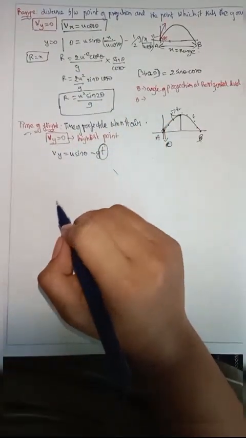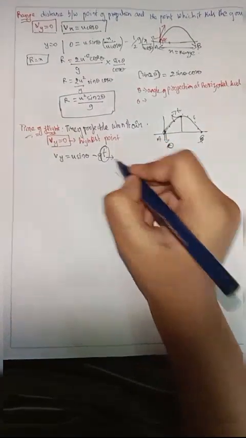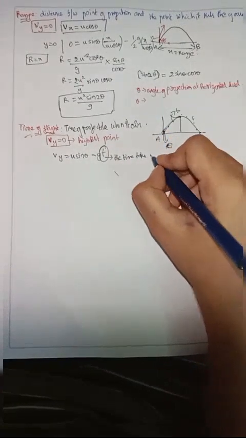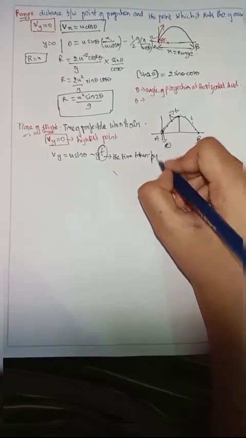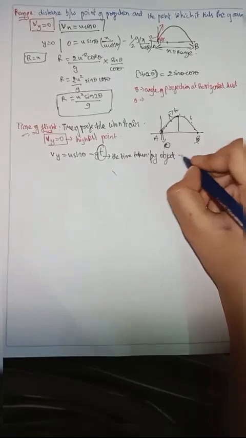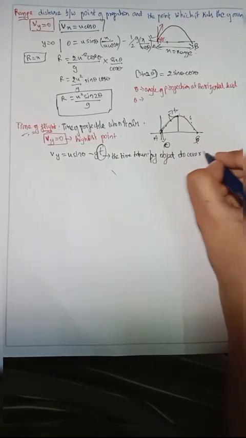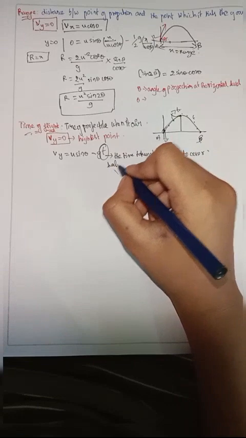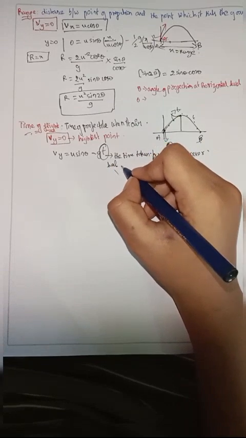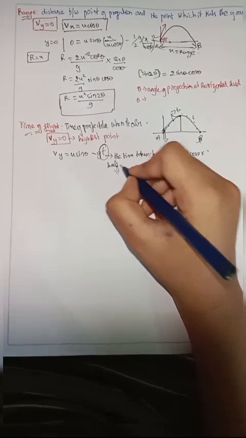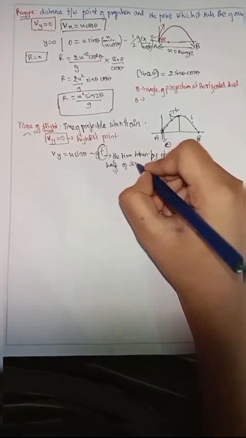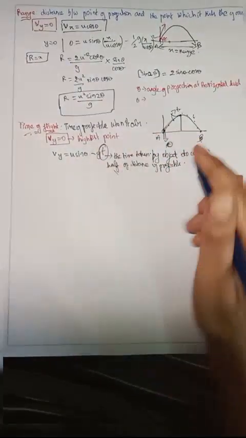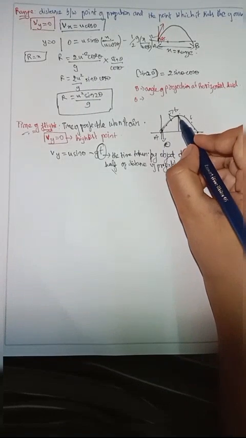This is the matter: t represents the time taken by the object to cover half of the distance of the projectile, or to reach the maximum height from the point of projection.